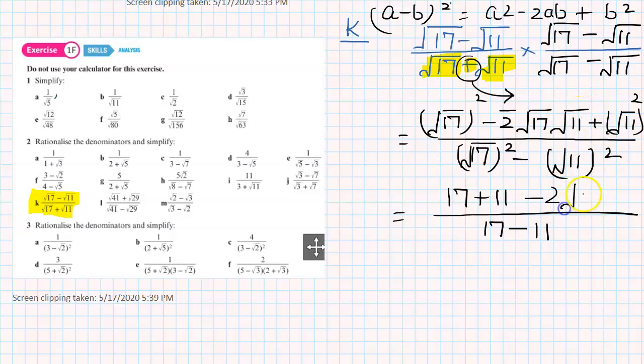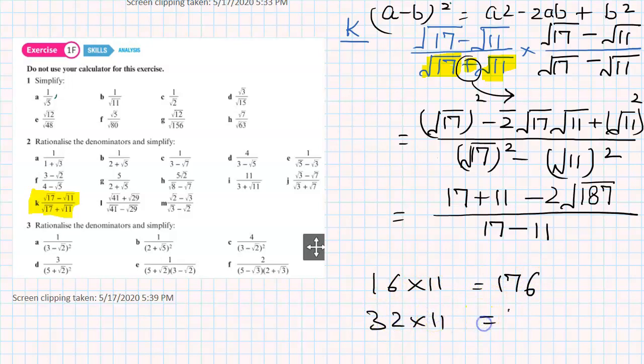So 2 root 17 multiply 11 is 187. I hope you know the multiplication of 11. 16 multiply 11 is 176. 32 multiply 11 is 352. 45 multiply 11 is 495.